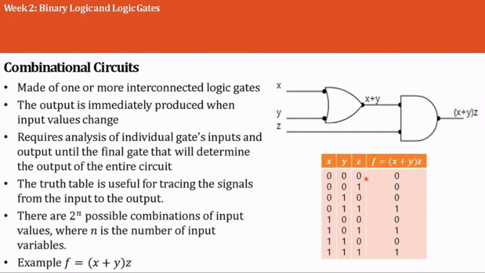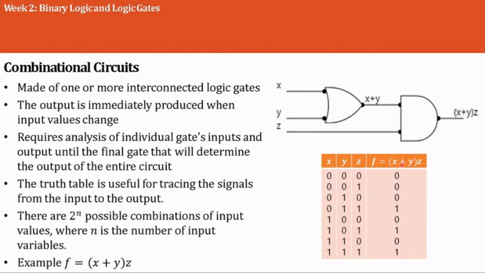Given our inputs, the last column will be our output. We substitute the variables in our given expression, (X or Y) and Z. It follows the same priority: it always starts with and prioritizes anything inside the parentheses.